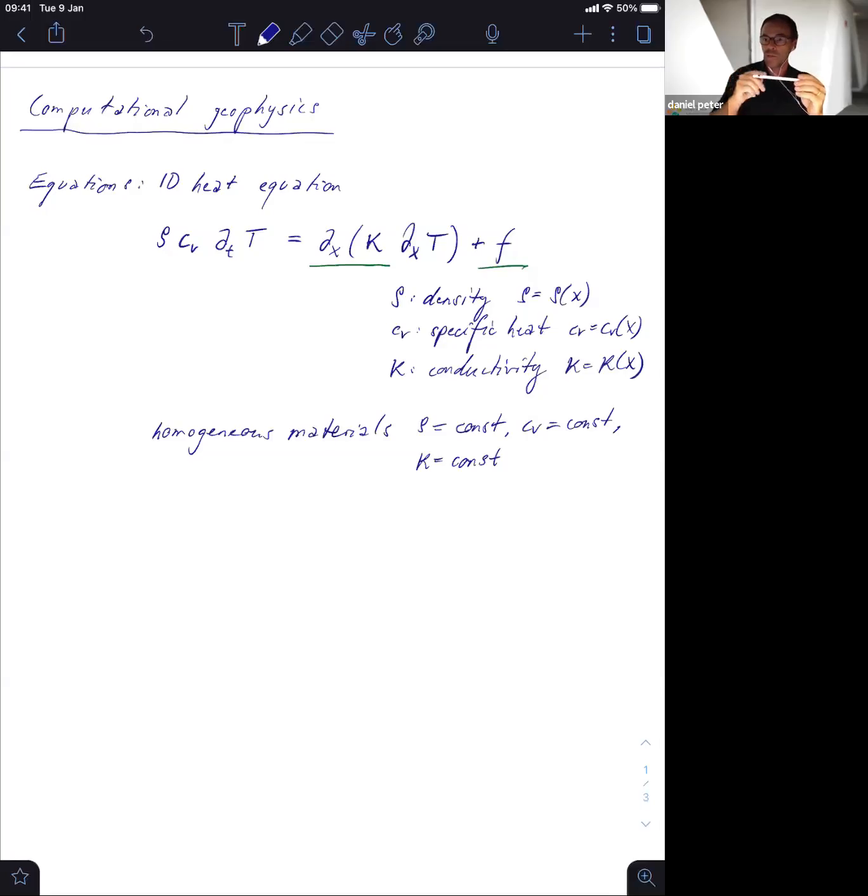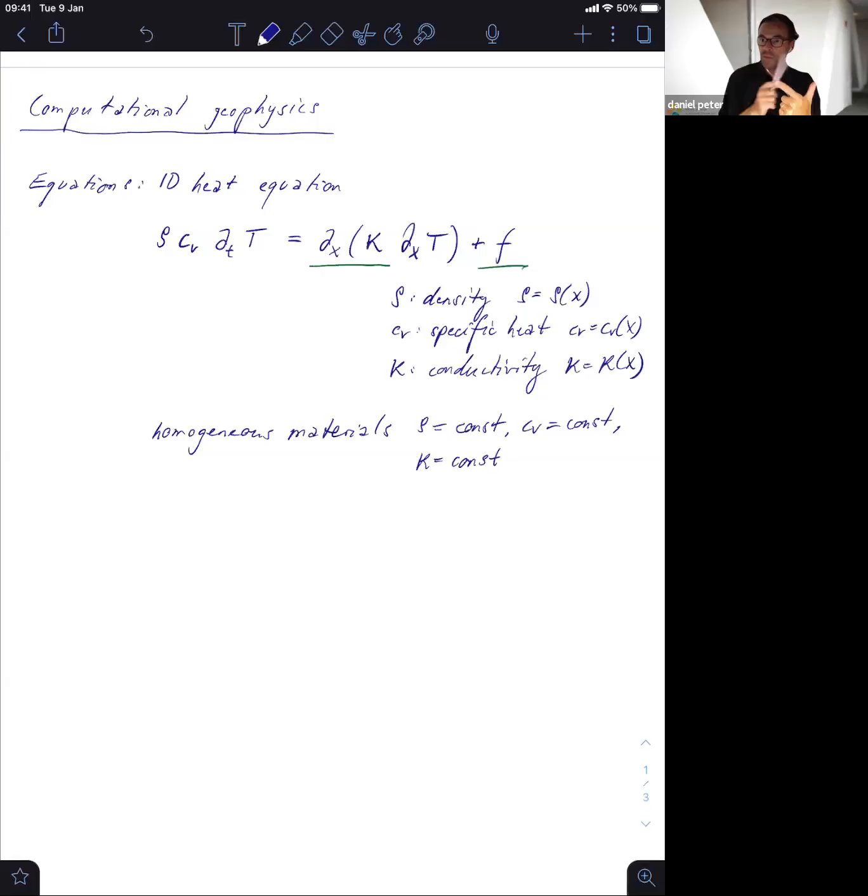Then this F is 0, and we call the equation a homogeneous equation. Okay. So you have material, homogeneous, inhomogeneous, but also the equation can be homogeneous, inhomogeneous. But if the equation is homogeneous, it doesn't mean the material has to be homogeneous.